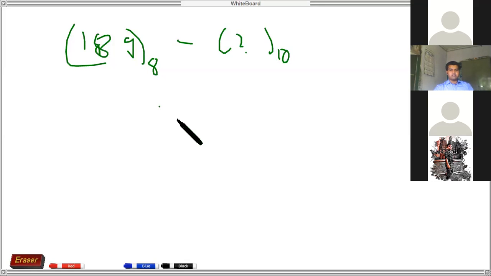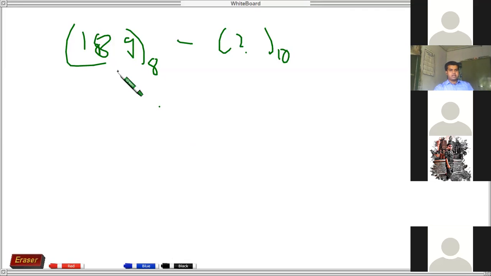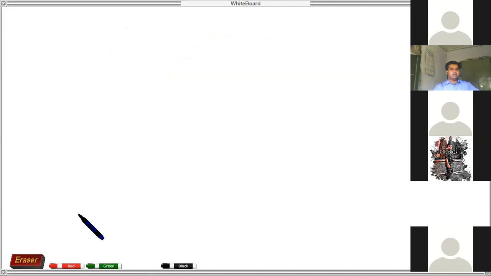Why is the question wrong? Sir, because 9 is there, and 8 and 9 are not in the octal number system. Yes, since 8 and 9 are there, and in the octal number your digits should vary from 0 to 7, the question is wrong. I will give you this kind of questions. Don't worry. In your half yearly exam, let me see how you understand.